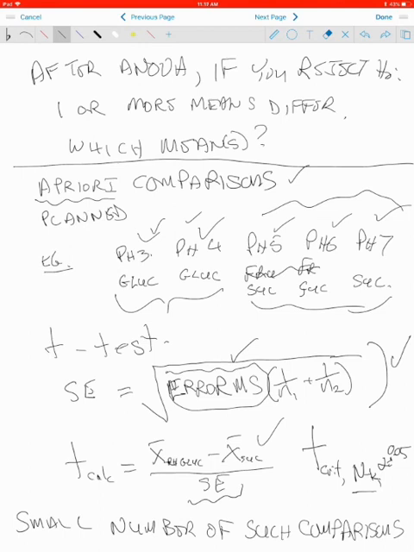So those are for planned comparisons. Perhaps more often people do unplanned comparisons. And both of these, incidentally, a priori comparisons and the unplanned, really only apply to fixed effect ANOVA.